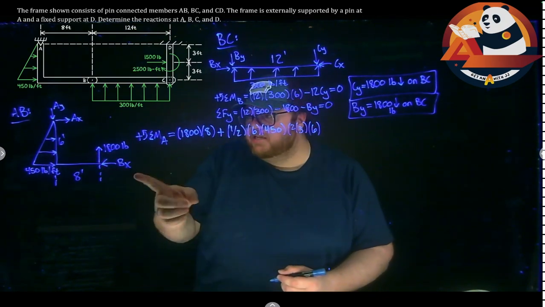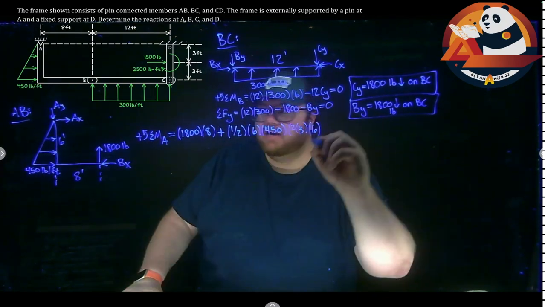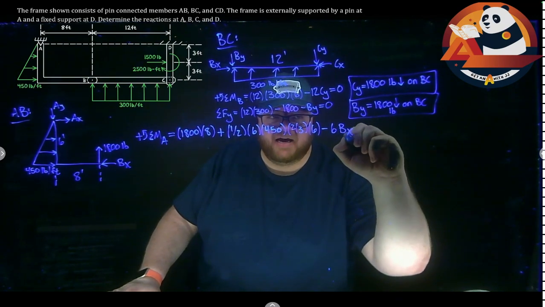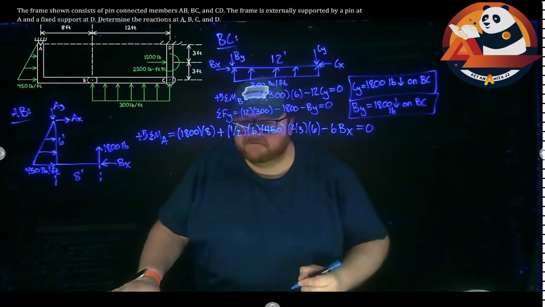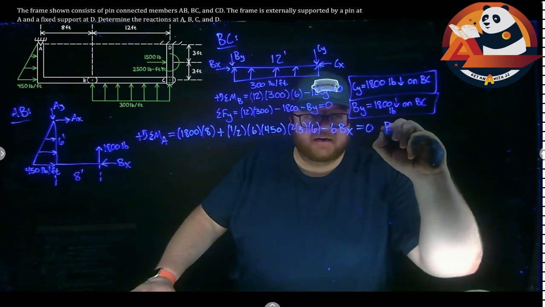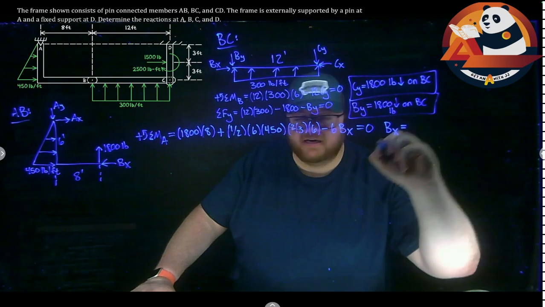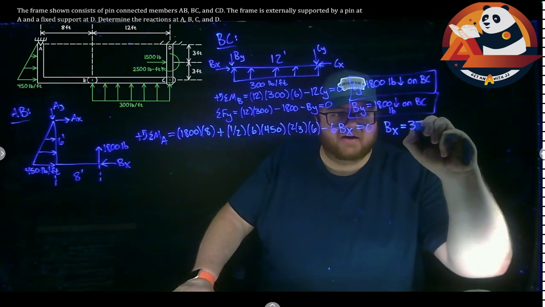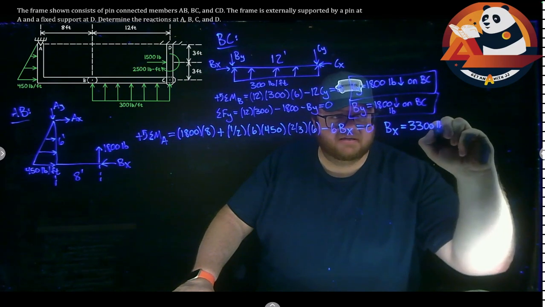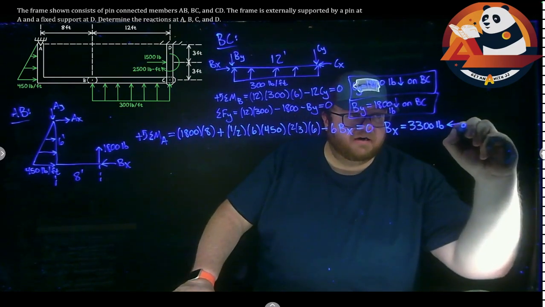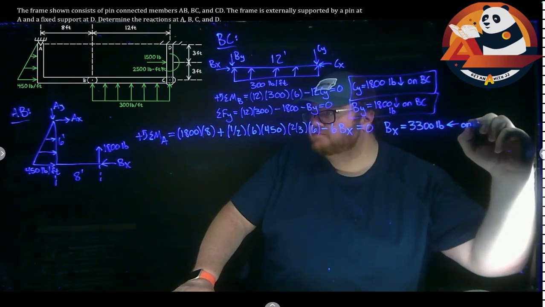But then our last one is BX, which will be clockwise. It's 6 feet below, minus 6 BX, gets us to 0. Or solving for BX, I'm going to get here that BX is 3,300 pounds. 3,300 pounds, and that was going to the left on, remember, BC.